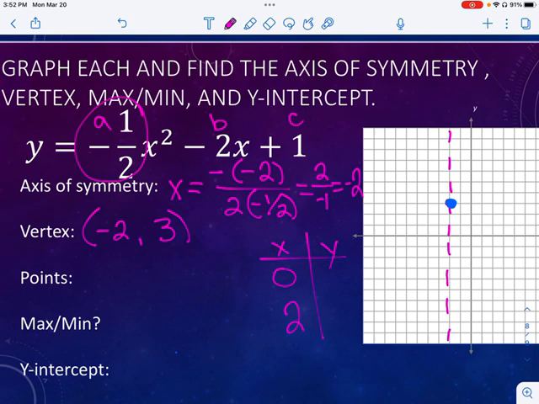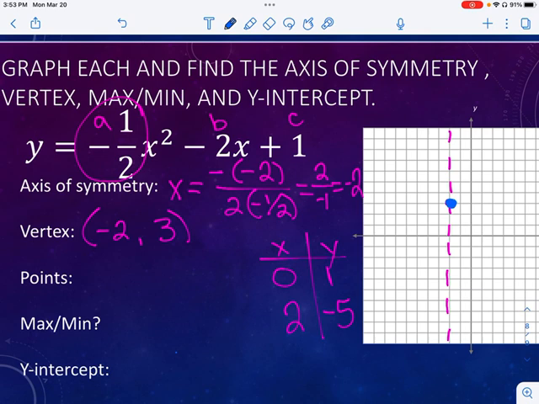Since it's a half there for the A, I'm going to pick values that when I plug in are going to be divisible by 2. So when I plug a 0 in, I'm left with a 1. When I plug a 2 in, that's going to get me 4. Negative a half of 4 is negative 2. And then negative 2 times 2 would be negative 4. Add it to the negative 2, that's negative 6. Plus the 1, that's going to be a negative 5.